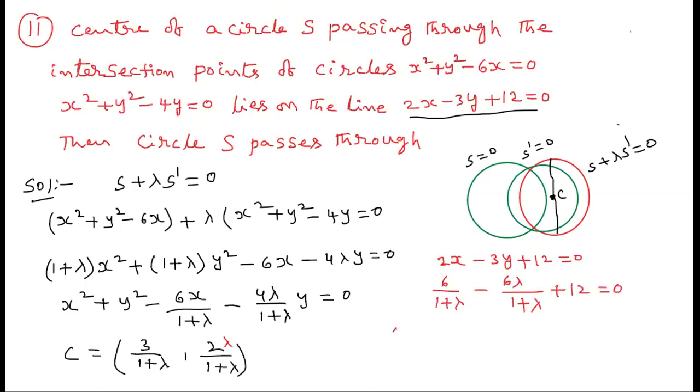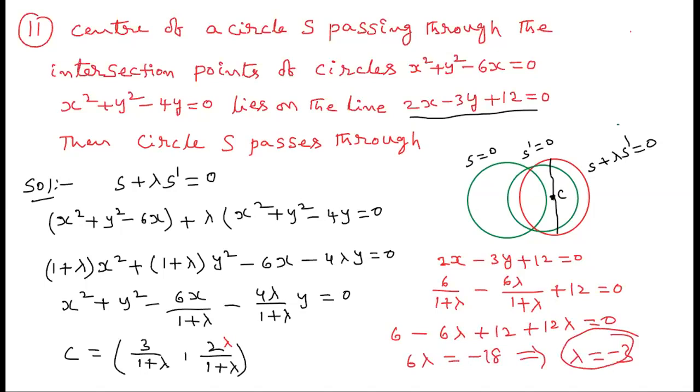Now take the LCM: 6 minus 6 lambda plus 12 plus 12 lambda, and the denominator sent to the right hand side. Now 6 lambda is equal to what are we getting? Minus 18. Then what is the lambda value? Lambda value is minus 3.